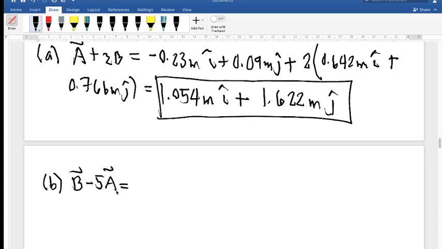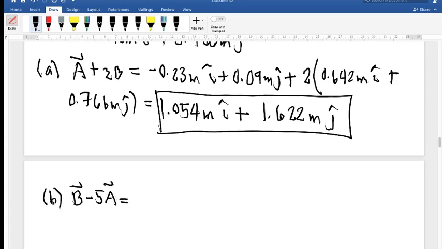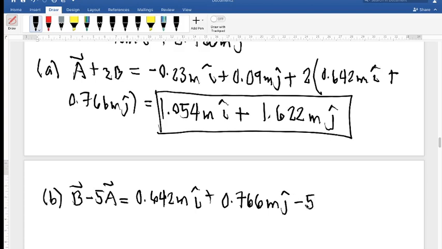So again, you just have to copy b. b is equal to 0.642 meters i hat plus 0.766 meters j hat minus 5, because there is a scalar quantity 5. We multiply it to each component of a.